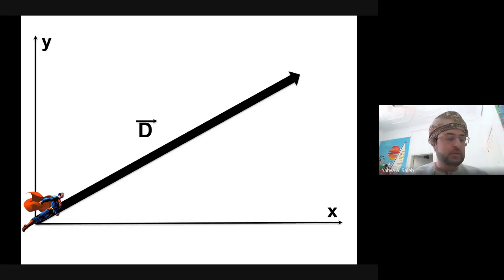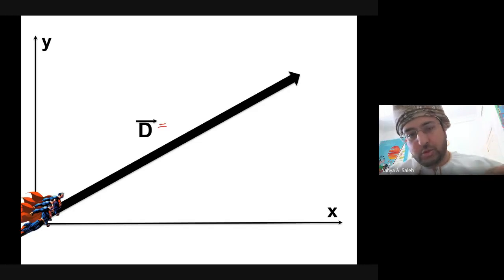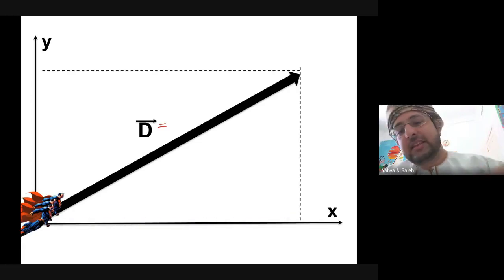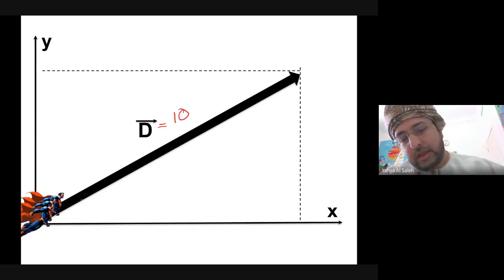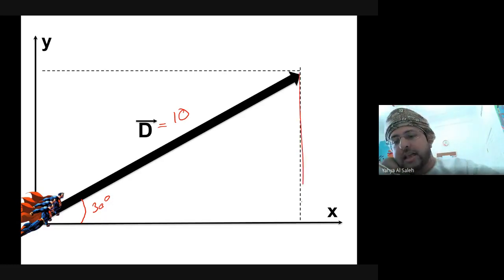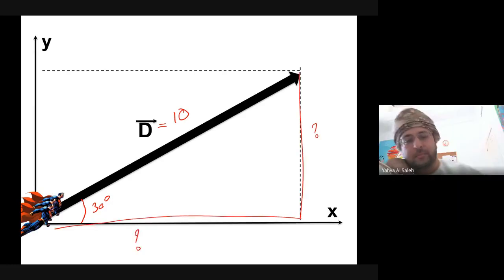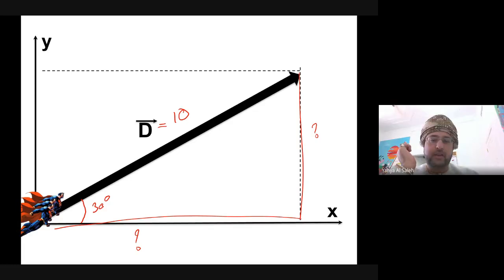Now, if I tell you d is equal to 10, and this angle is 30 degrees, can you find what is this length and what is this length? Yes, by sine and cosine, from trigonometry.